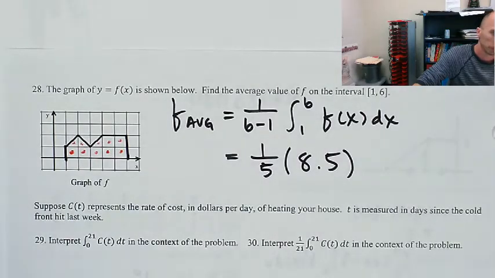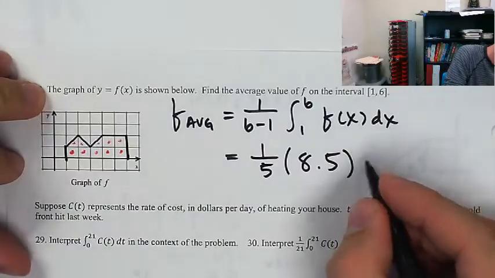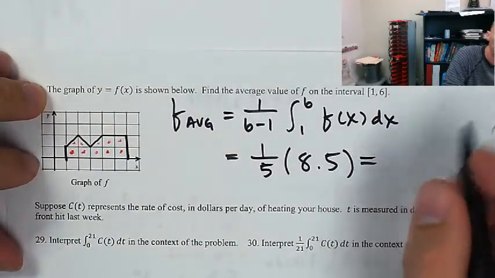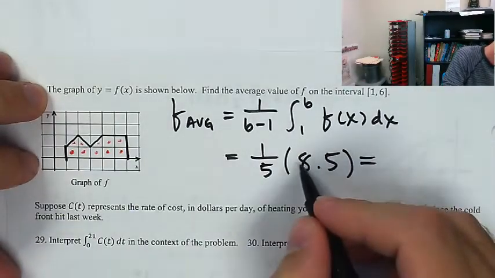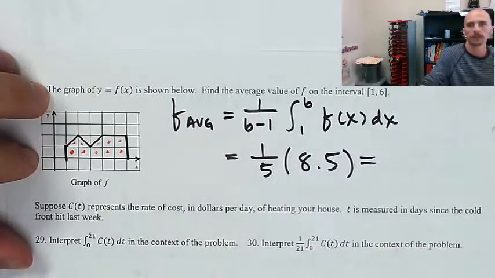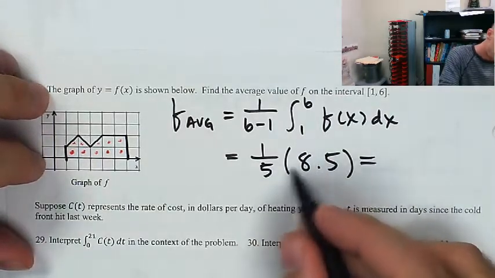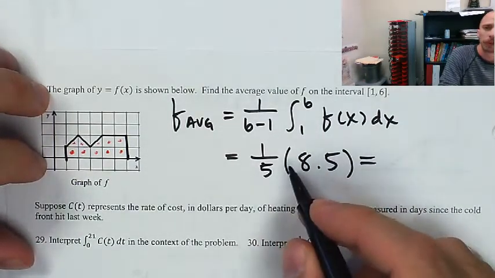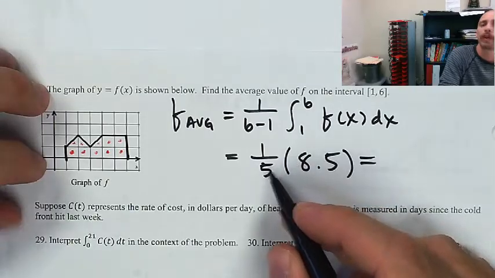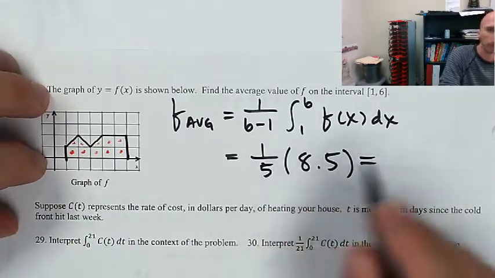And if we needed to figure out what this was, maybe I'll throw that out there. Dividing by 5 is not super easy. Maybe you just know what 85 divided by 5 is, but I'm not super sure. 17. But what you want to do instead is divide by 10, right? So double the top and the bottom.